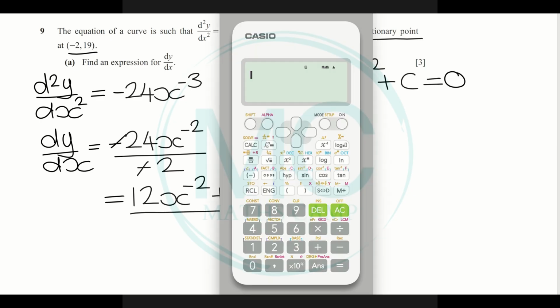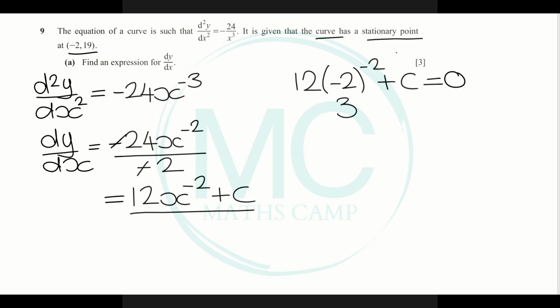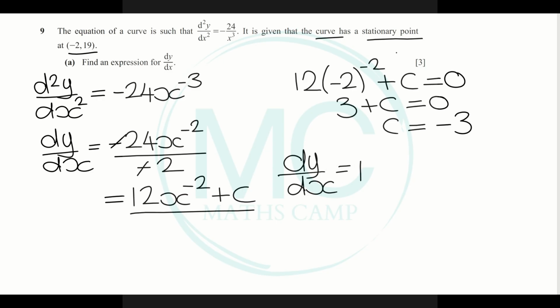Now I can take my calculator: 12 multiplied by -2 with an exponent of -2 is equal to 3. So 3 plus c is equal to 0, which means that c is equal to -3. This means that the equation for dy over dx is equal to 12x with an exponent of -2 minus 3.